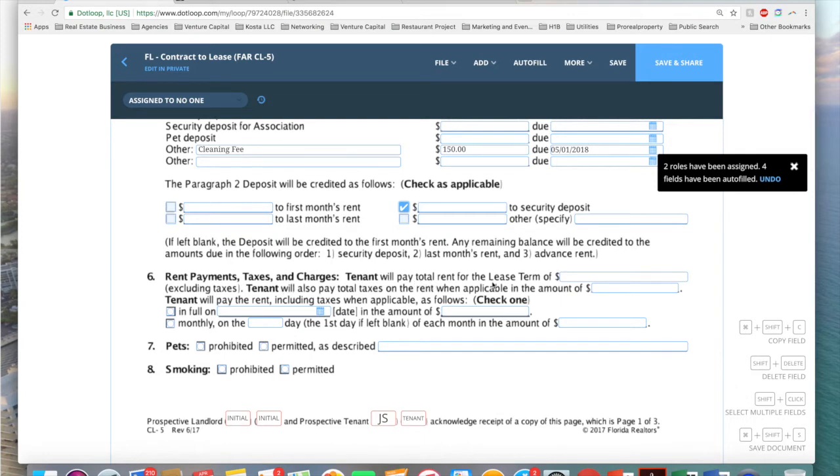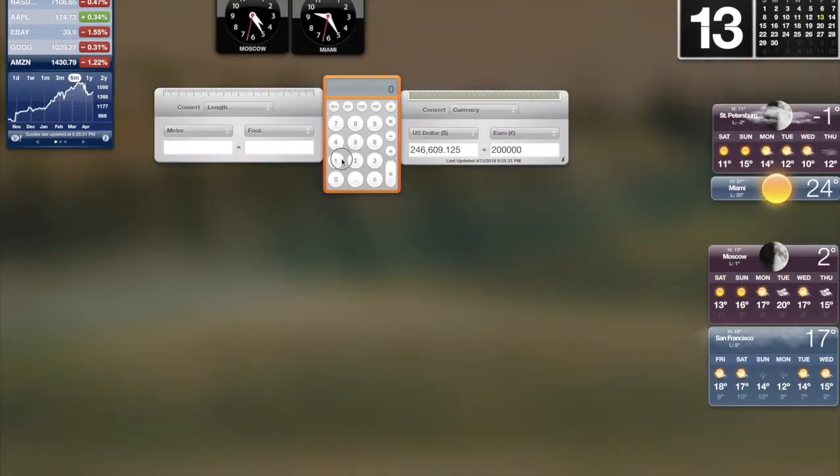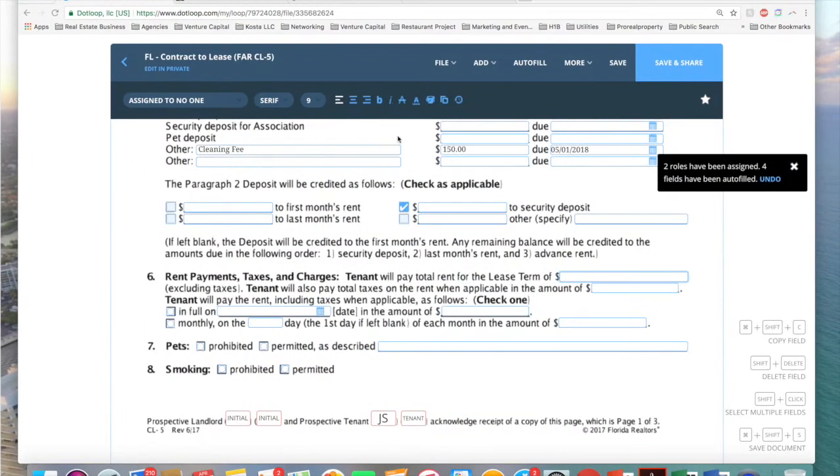Tenant will pay total rent for the lease term of, we need to take the amount of $1,400 and multiply it by 12. So let's see. 1,400 multiplied by 12, we'll have $16,800. This is the total amount which tenants will pay, excluding taxes.